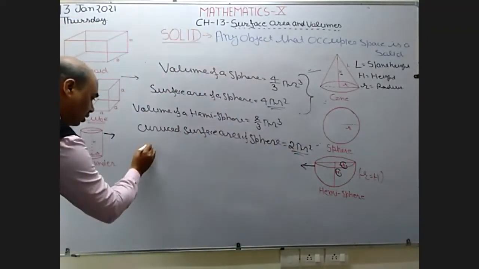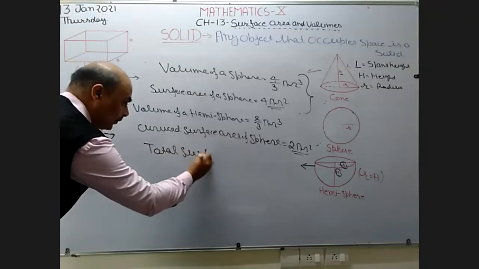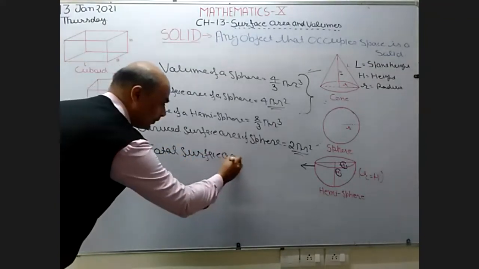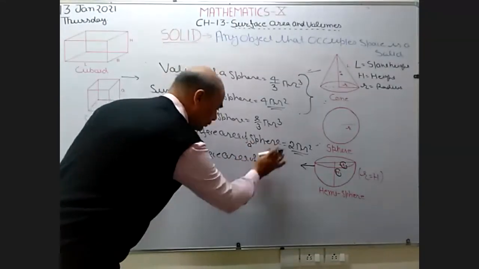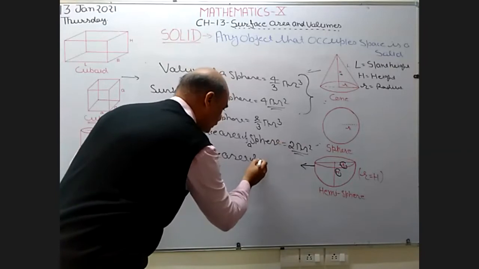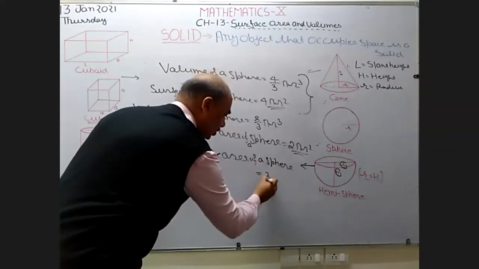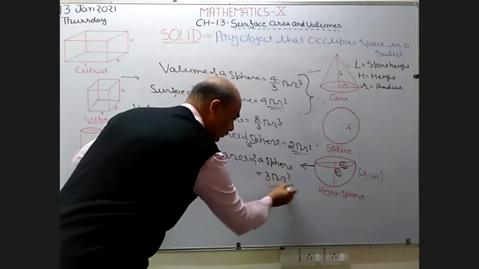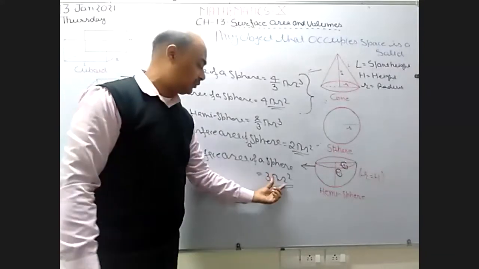Next I want to write total surface area of a hemisphere. The formula is 3 pi r square. How does this become 3 pi r square?